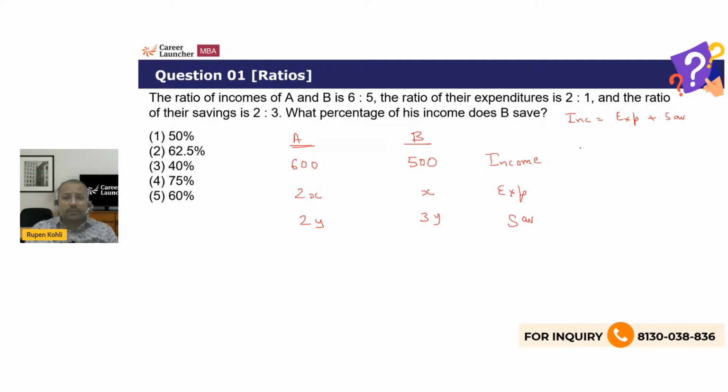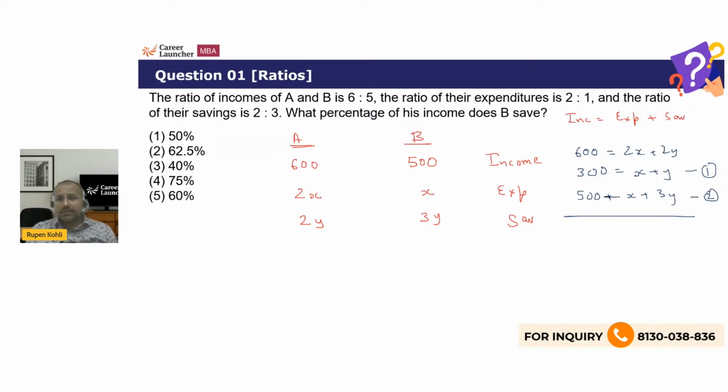So our equations are that 600 should equal 2X plus 2Y, or simplifying further, 300 should equal X plus Y is the first equation. Second one, 500 should equal X plus 3Y. Very simple equations, just subtract and get the values.